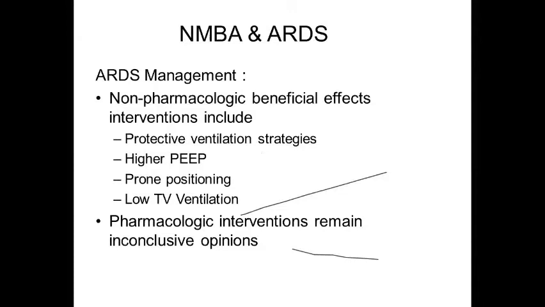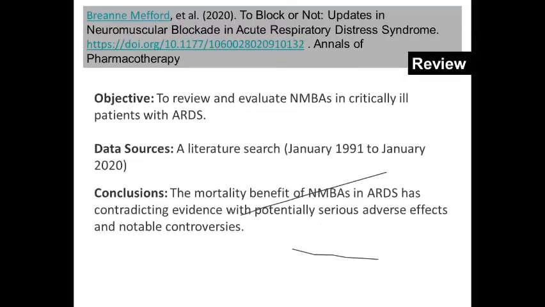It has very good evidence. Now, for pharmacological interventions, there is almost nil evidence of any type of medication that could improve outcome in patients with ARDS. For this reason, before you open the chapter of using neuromuscular blocking agents, you have to utilize all other resources before you jump and give a paralytic agent to patients with acute respiratory distress syndrome. Why is that? Let's look at the evidence.